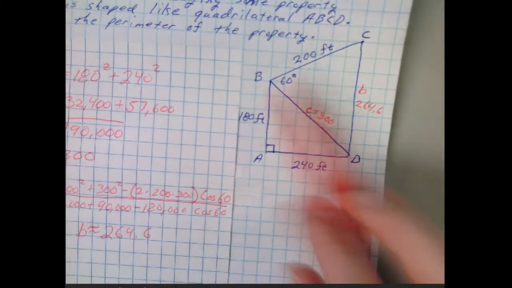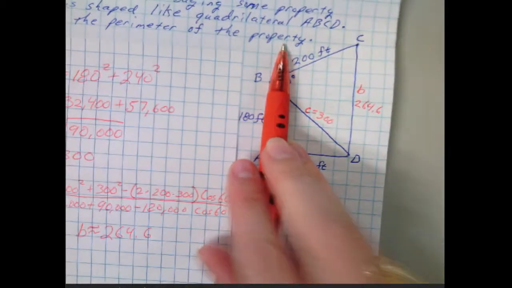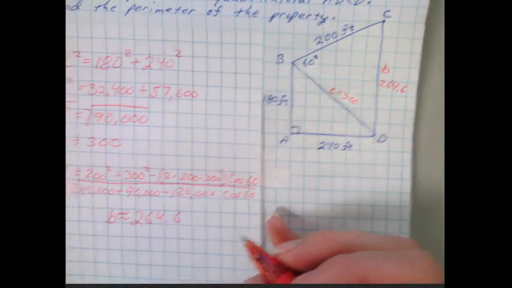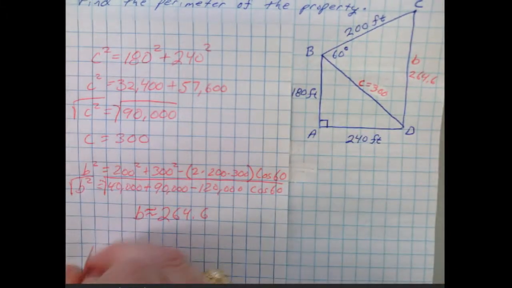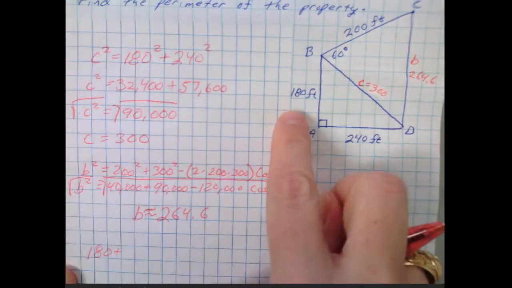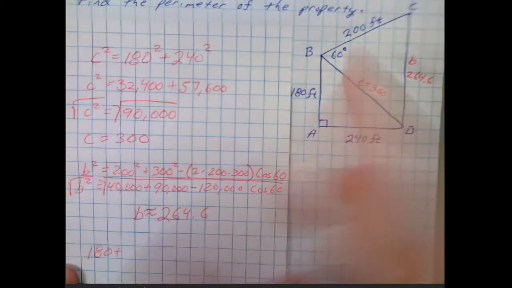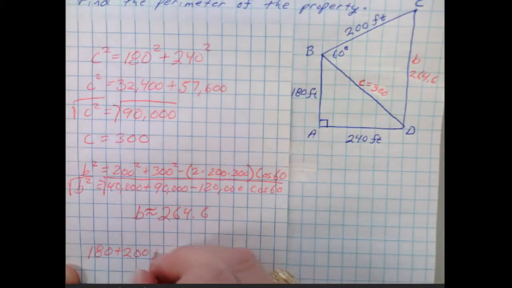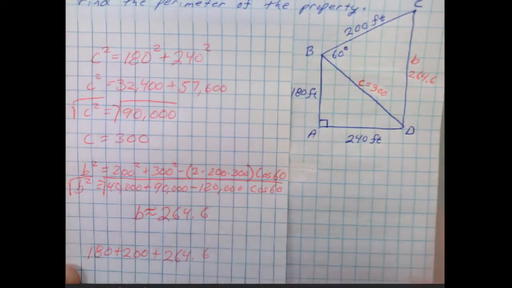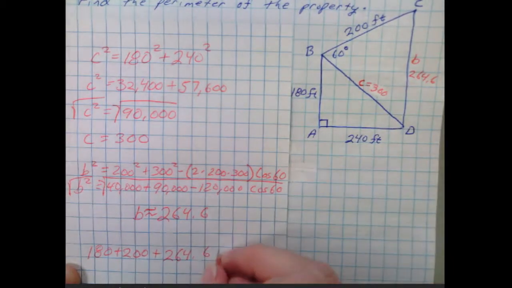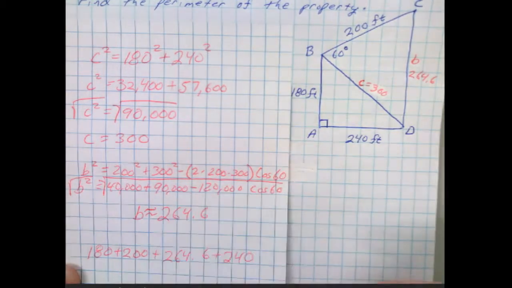But we didn't want to know just the sides, we want the perimeter. So we're going to be adding those all together. My sides here, I have 180, that's this one, plus this side is 200, plus side B is 264.6, and then AD is 240.